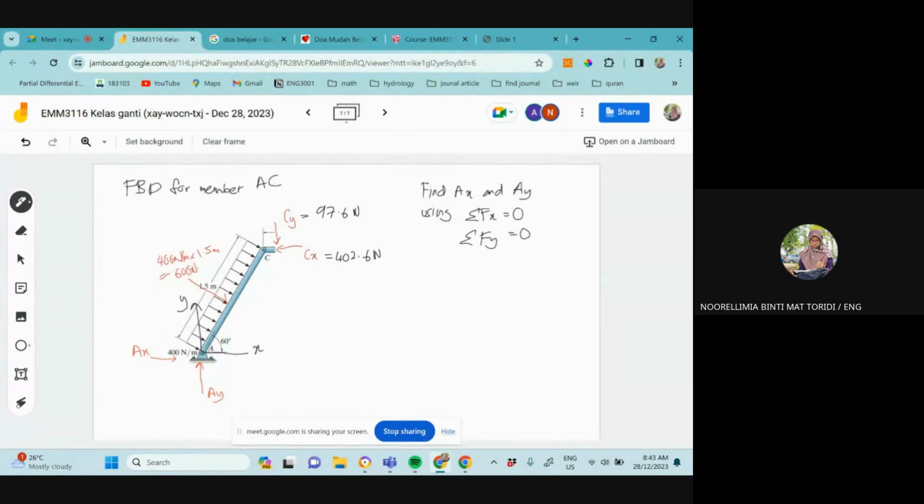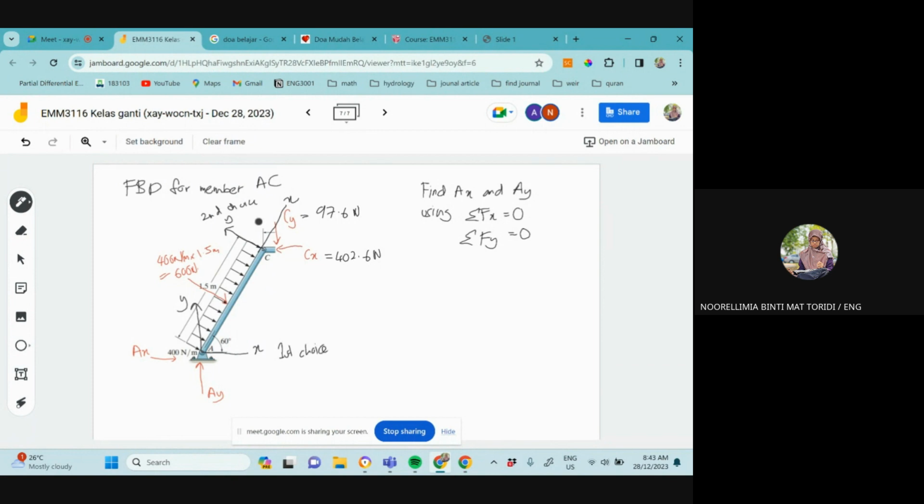Boleh juga kalau you guys nak buat senget. Let's say this is your y, this is your x. So kat sini define. Kalau you use this first choice ni, this is the second choice, this is first choice.